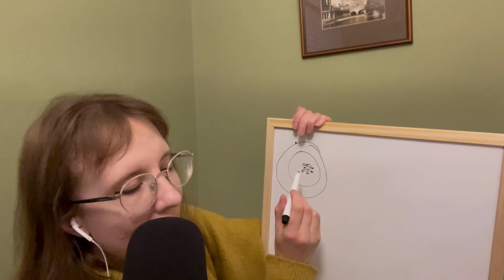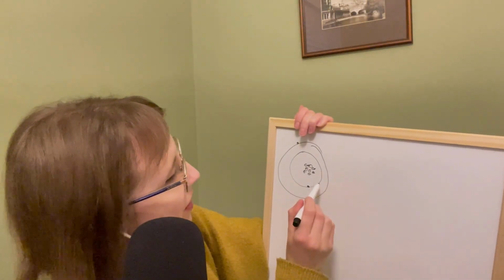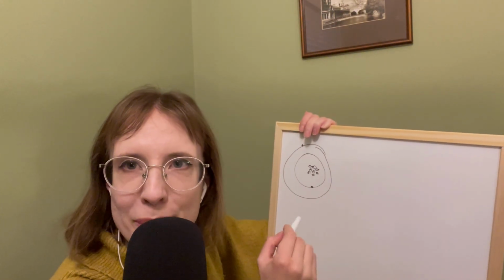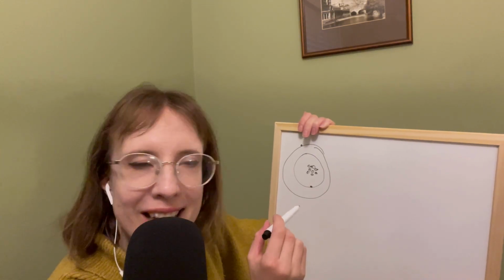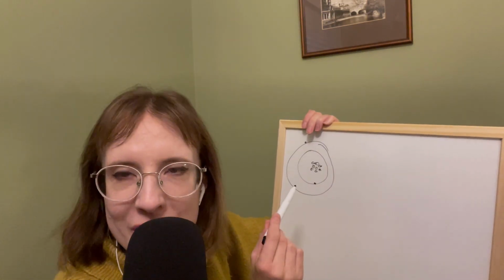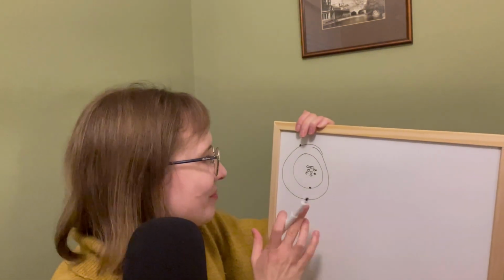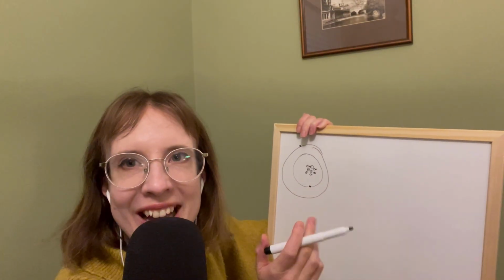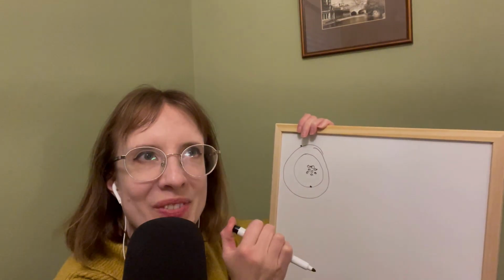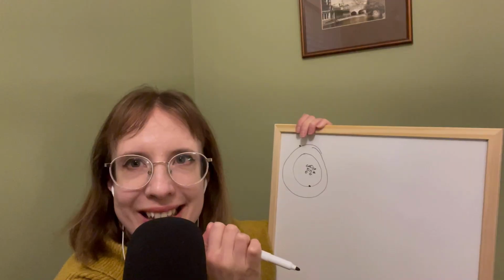Something like this, don't they? And they think of them as sort of like whizzing around the nucleus, whizzing around all the protons and the neutrons there. That's not very accurate though. They don't orbit.